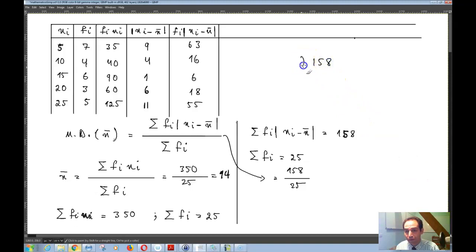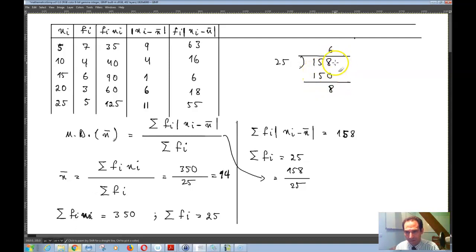158 divided by 25 is equal to, well, 6 times 25 is equal to 150, so that's an 8 remainder.